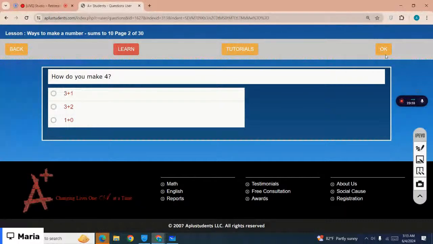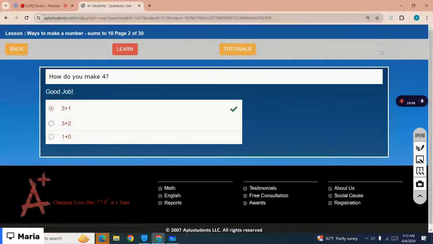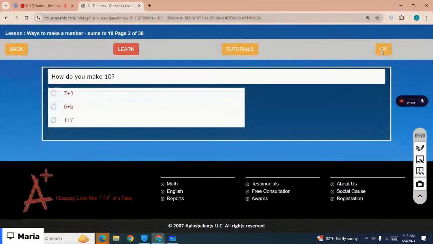Yes, that is option number 1: 3 plus 1 is the correct option. How do you make 10?